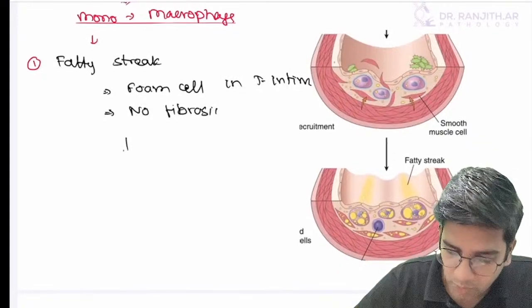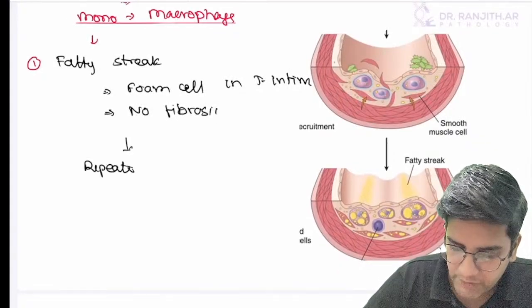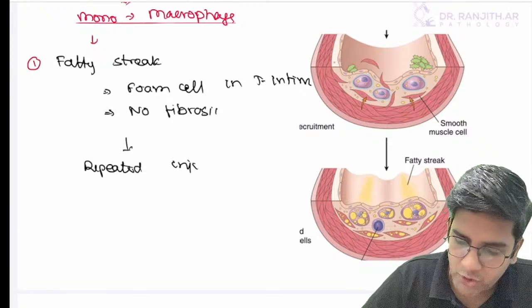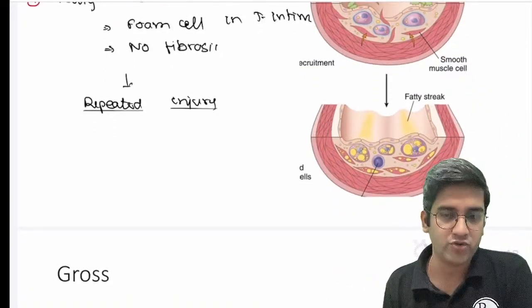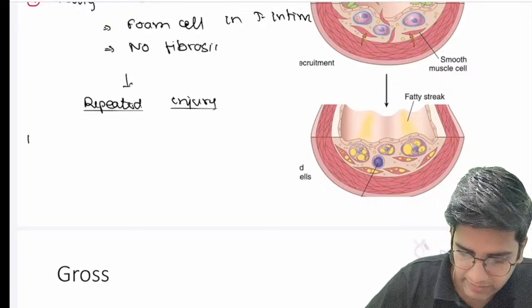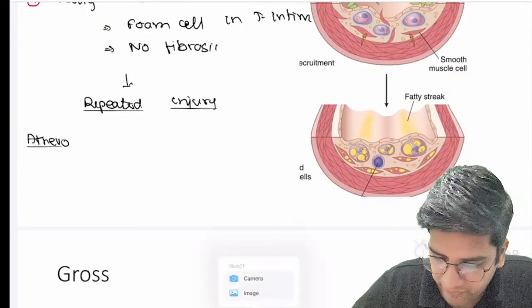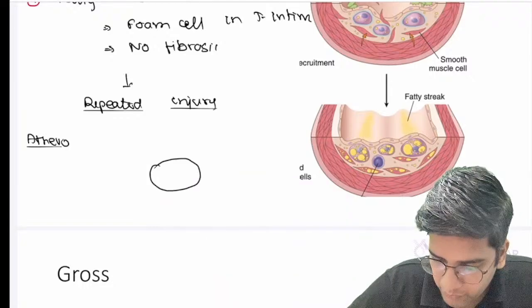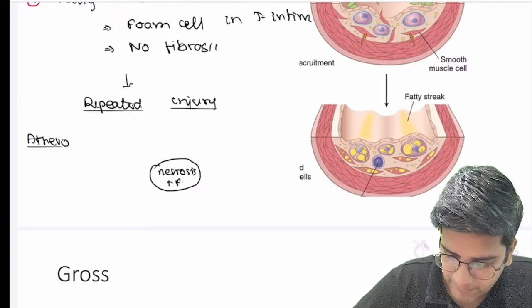Going forward, with more and more subsequent damage, or when you have repeated injuries, automatically it's going to cause chronic inflammation, which is tissue destruction, healing by fibrosis, right? So ultimately what will happen in an atherosclerotic plaque is you will have in the center necrosis plus fat.